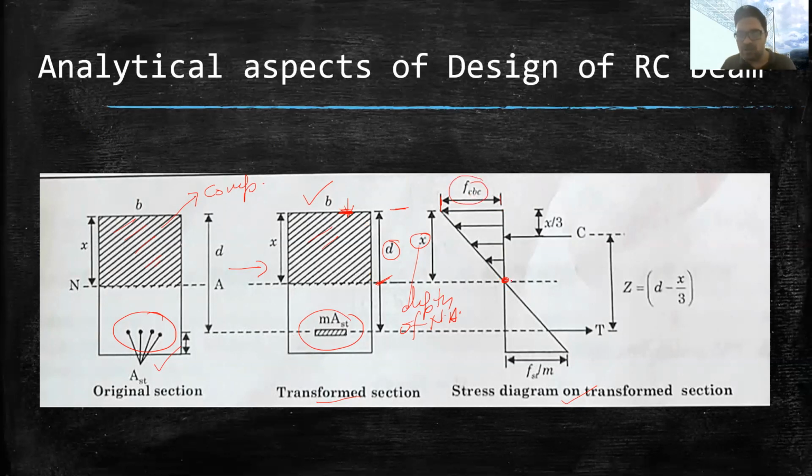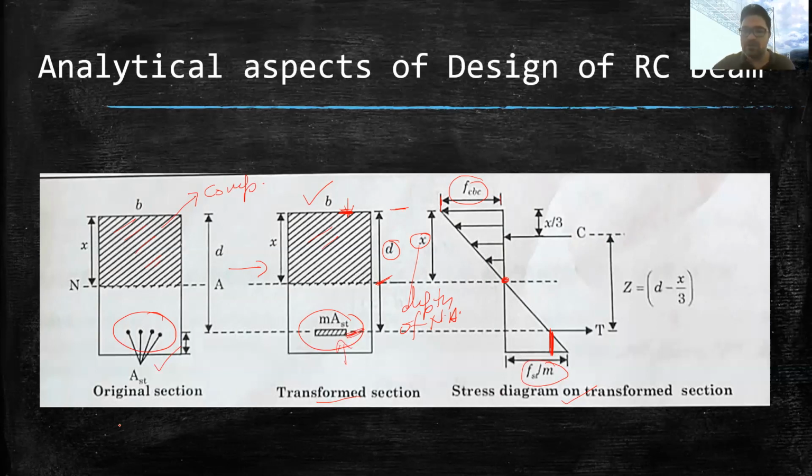Similarly, when we go below the neutral axis, the stress increases again, and at the level of reinforcement, which is shown here as the transformed equivalent area of concrete, the stress is FST by M. FST by M is the equivalent stress in the equivalent area.